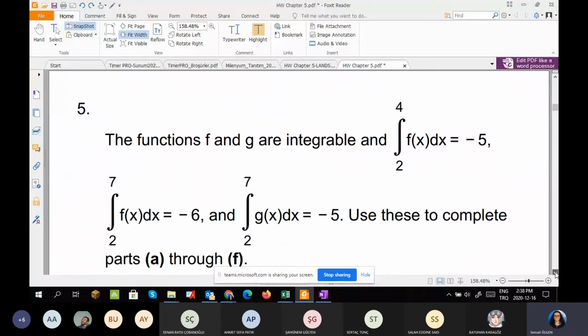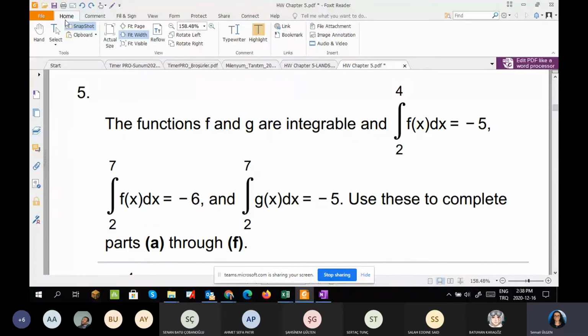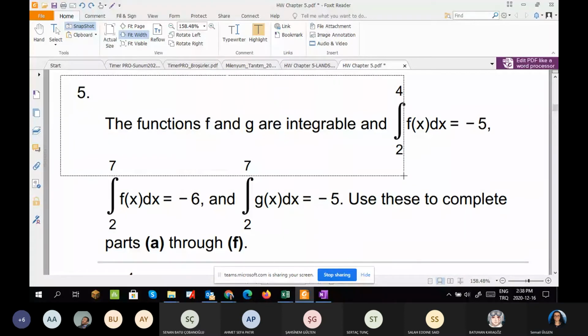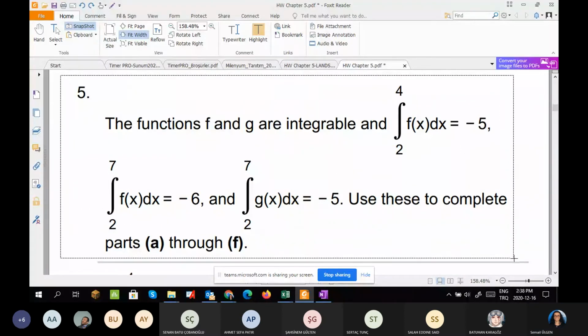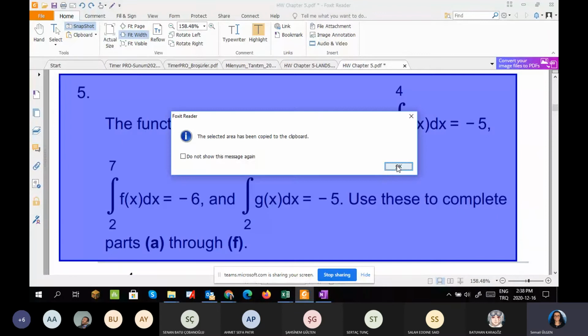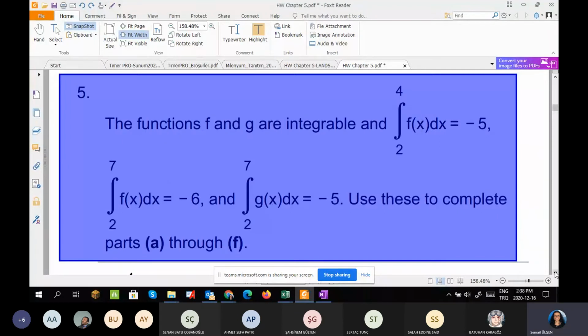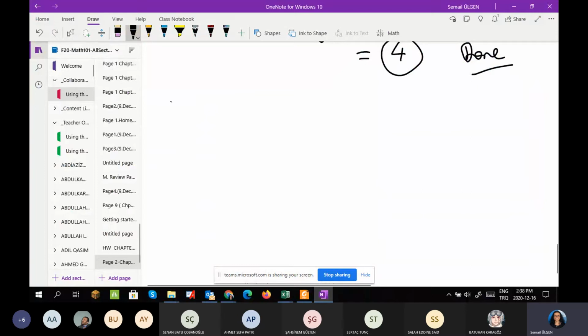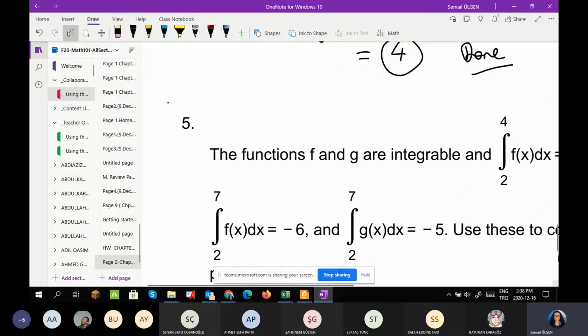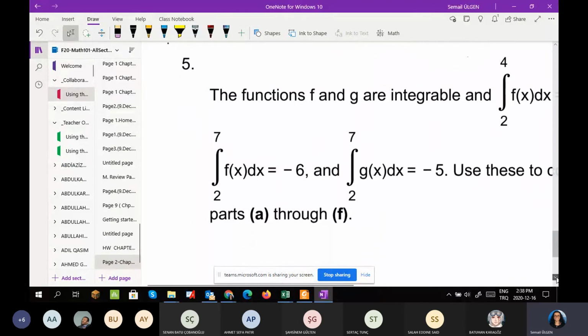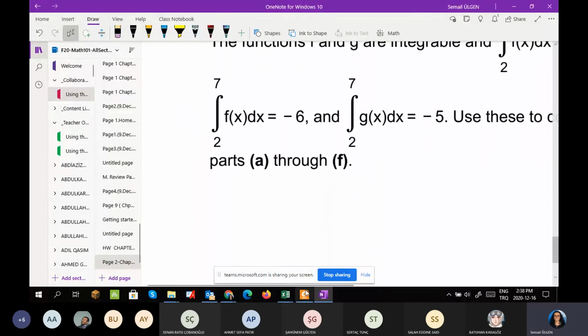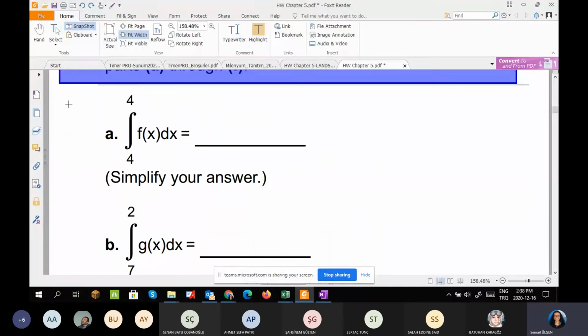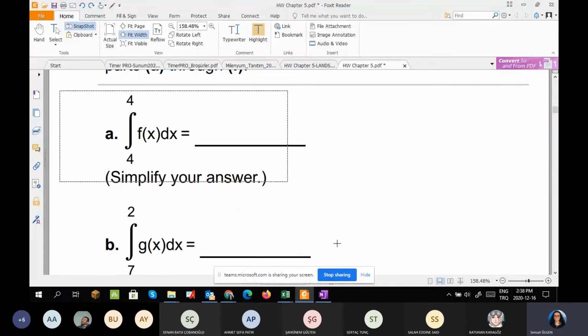Let me do the snapshot again. And I have to copy these as well. Let's go down a little. And then a snapshot of this.